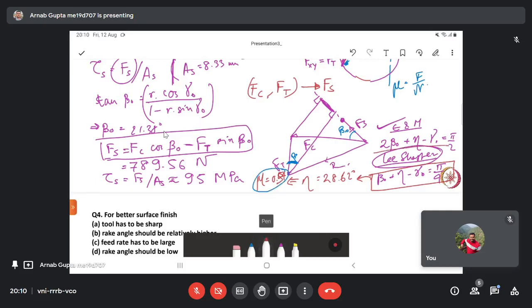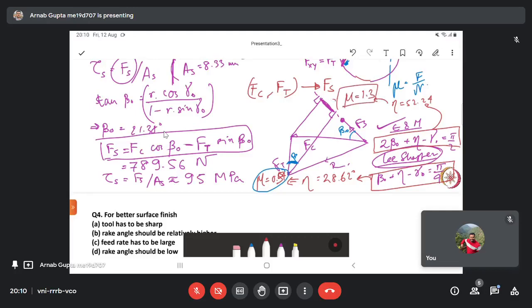If you use this expression, 1.382, coming around 1.3.